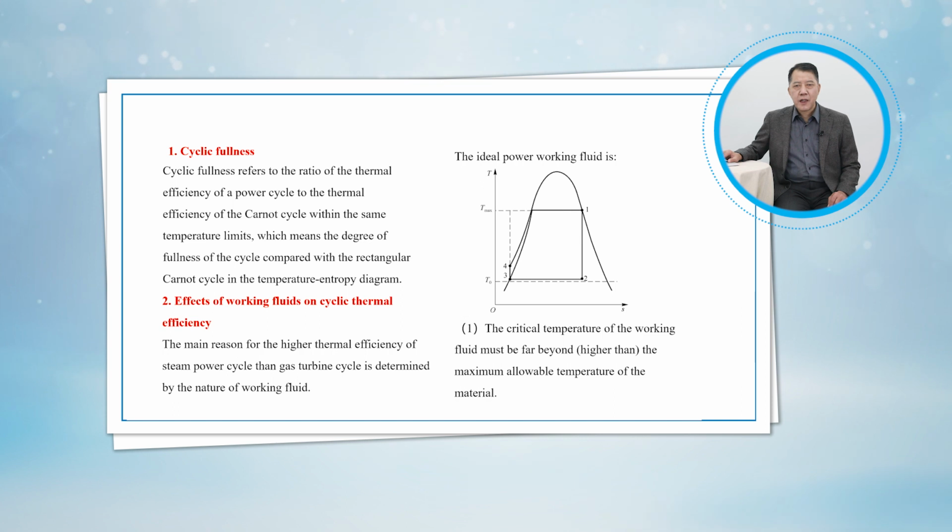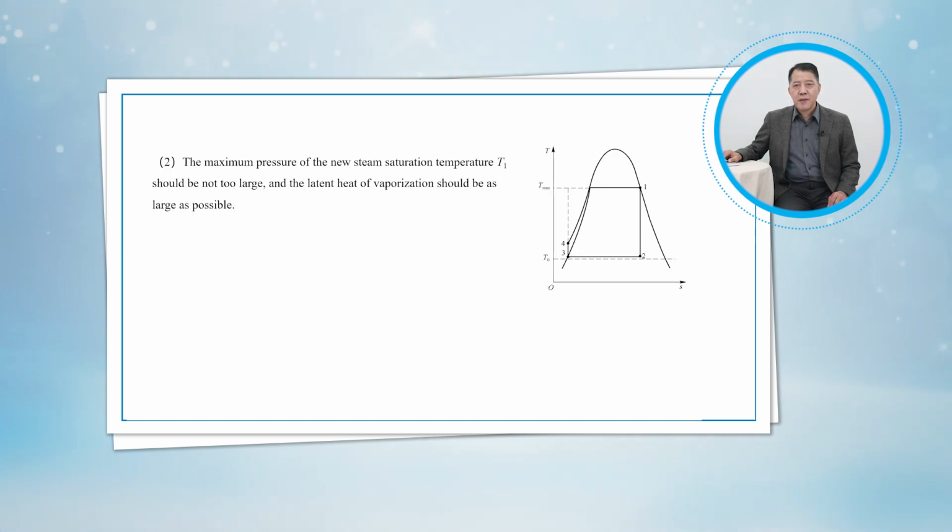1. The critical temperature of the working fluid must be far beyond the maximum allowable temperature of the material. 2. The maximum pressure at the new steam saturation temperature T1 should be not too large, and the latent heat of vaporization should be as large as possible. 3.